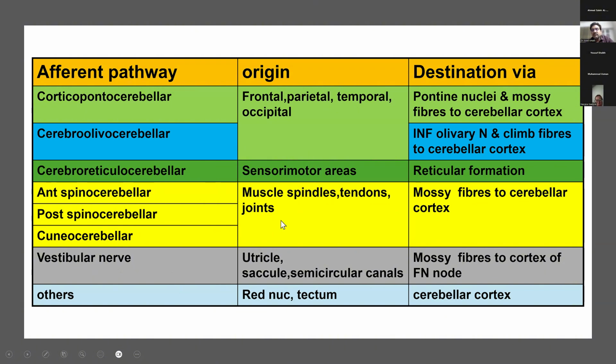The vestibular nerve originates from the utricle, saccule, and semicircular canals, and again their destination is mossy fibers to the cortex and flocculonodular node. Others from the red nucleus and tectum also end up in the cerebellar cortex.